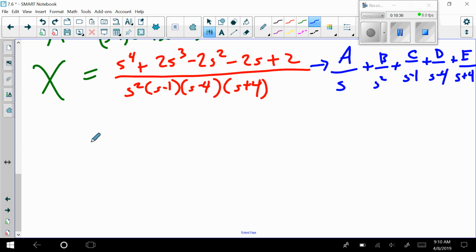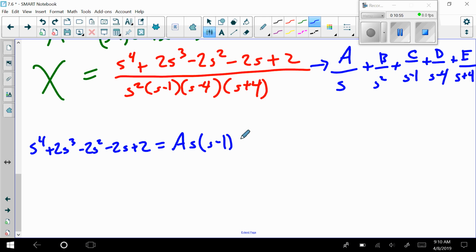let's see, how do I want to write this? I have s to the 4th plus 2s cubed minus 2s squared minus 2s plus 2 equals, A would need another s and all of the other ones. B would need just the s minus 1, s minus 4, and s plus 4.